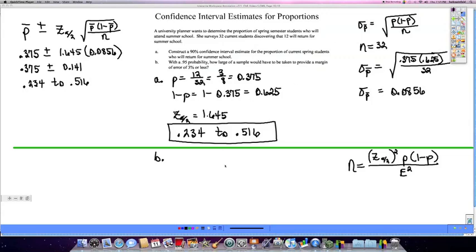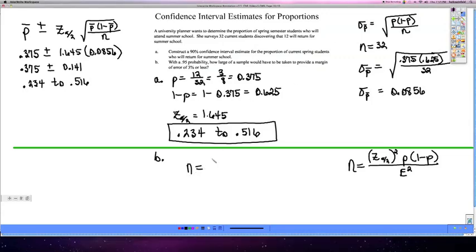So our n is going to be 1.96 squared times p, which we found earlier, 0.375, times 1 minus p, which was 0.625.